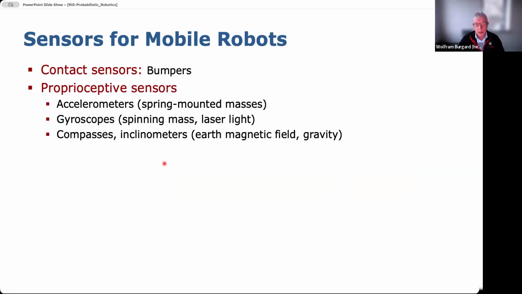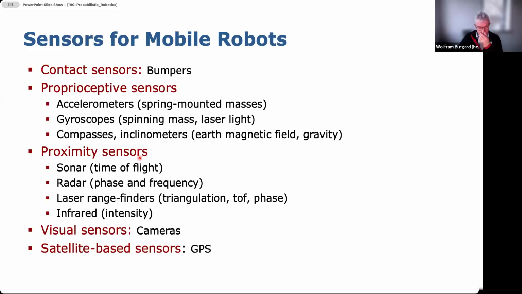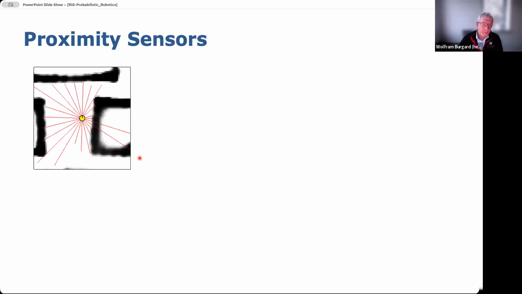When you look at sensors in robotics, there are plenty of those. What we are going to focus on is proximity sensors, and in particular distance sensors. But you can also do this with other sensors, for example cameras and so on, and even GPS. So this can all be integrated in this context.